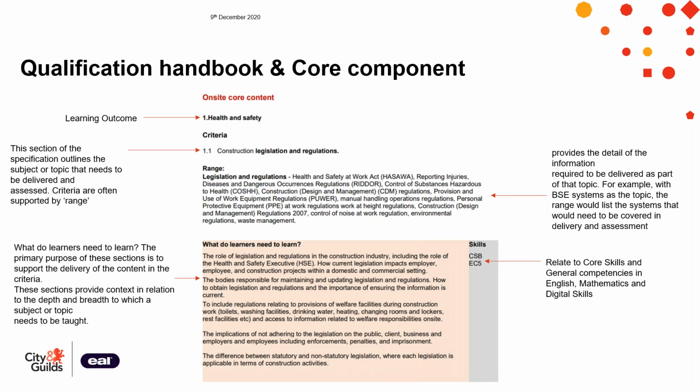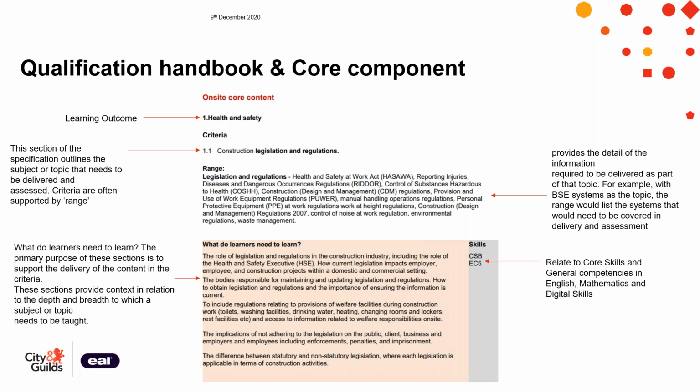The criteria is 1.1, construction legislation and regulations, in bold type, and then a range is added for legislation and regulations, which needs to be delivered as part of that outcome. There's also a section on what learners need to learn, which amplifies and supports the delivery of the content in the criteria. This provides the context to the depth and breadth which needs to be delivered.